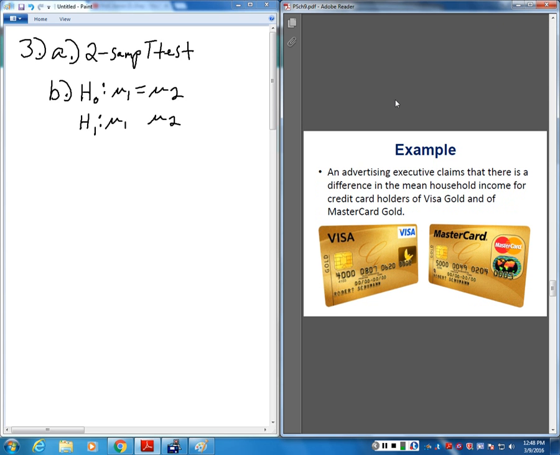The executive claims there is a difference. So for the alternative hypothesis, I'll use not equal to for my inequality. This will be a two-tailed test. If two numbers are not the same, if they are different, then they're not equal. So that's the claim I'm testing.